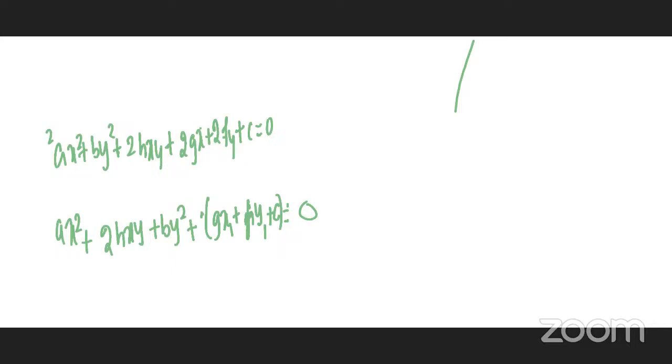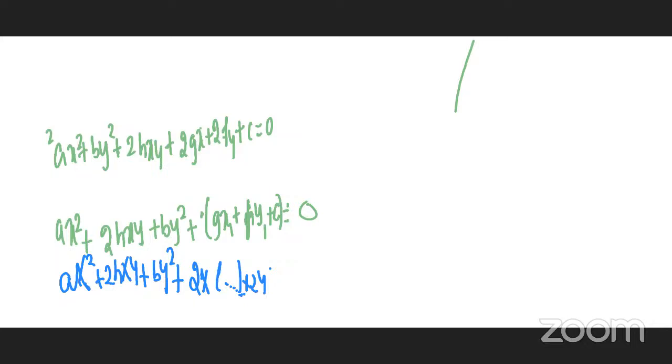You remember we did the same thing with alpha and beta. Towards the end we did it like this: ax² + 2hxy + by², with alpha and beta instead of a and b. Then there was 2x into something with alpha and beta, then 2y into something with alpha and beta, then plus c.